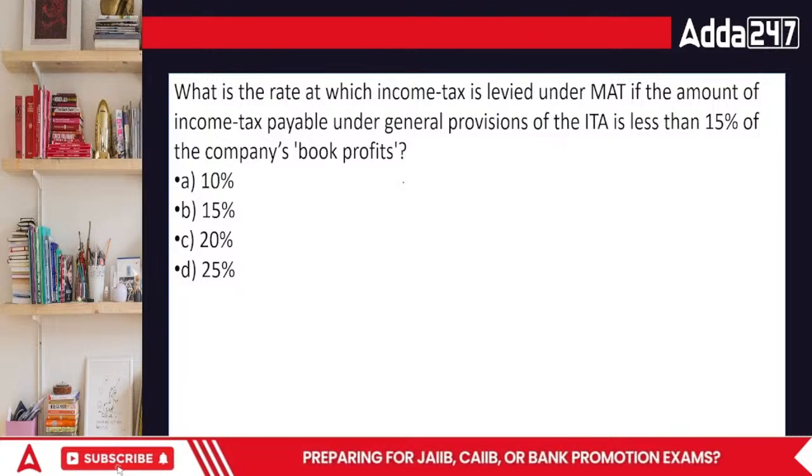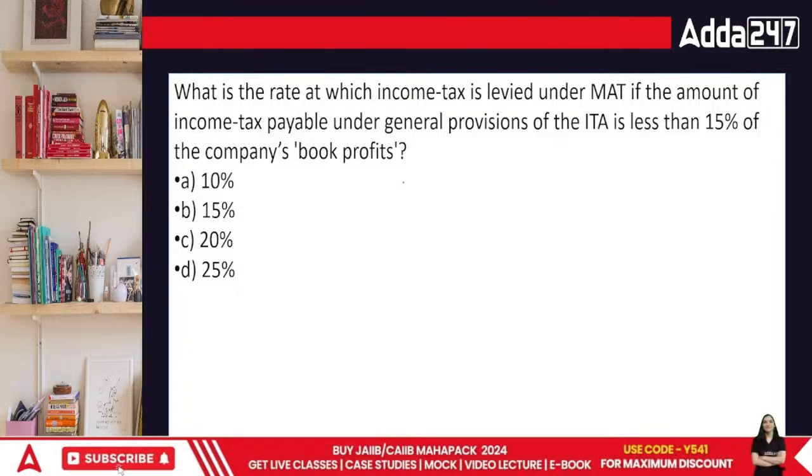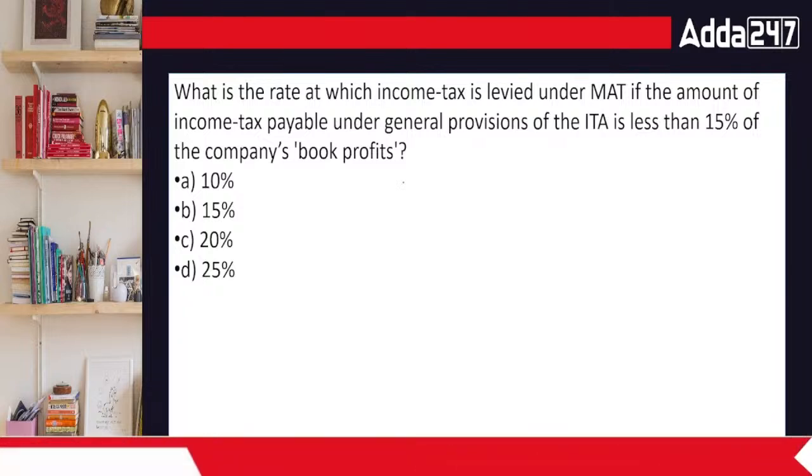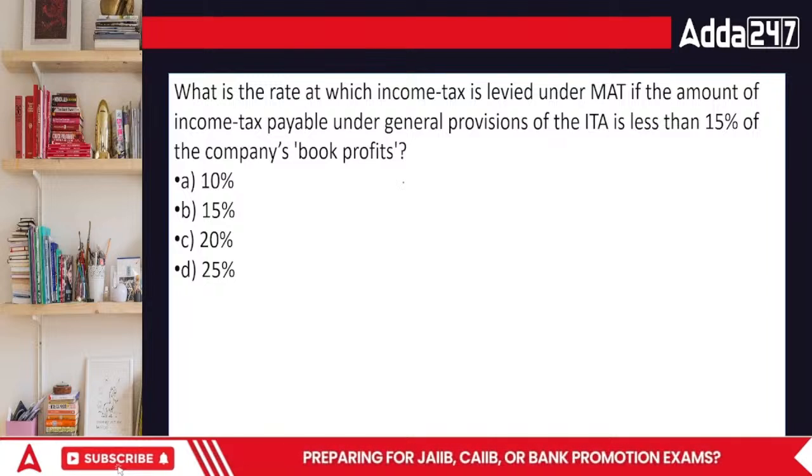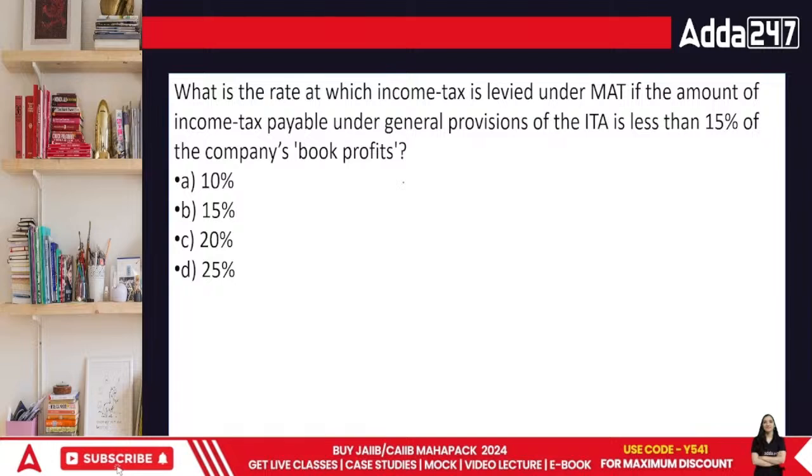What is the rate at which income tax is levied under MAT if the amount of income tax payable under the general provisions of ITA is less than 15% of book profits?